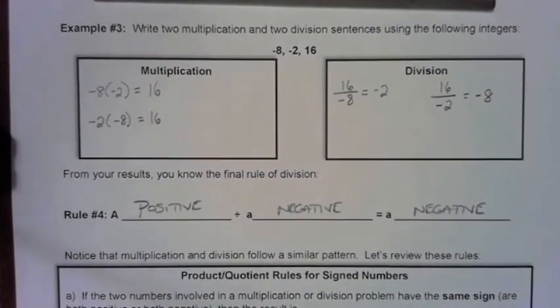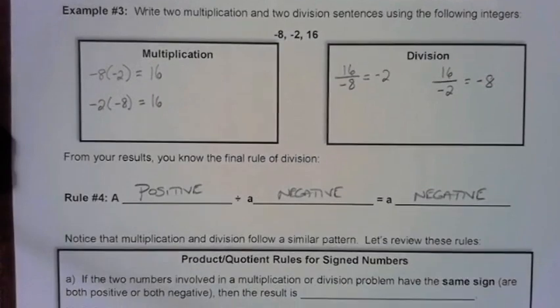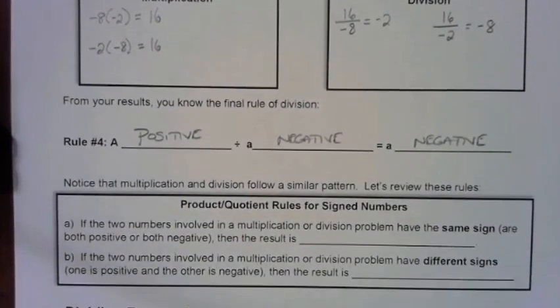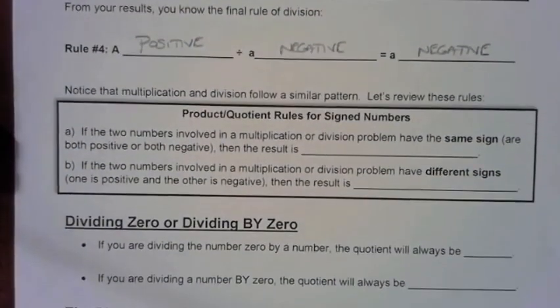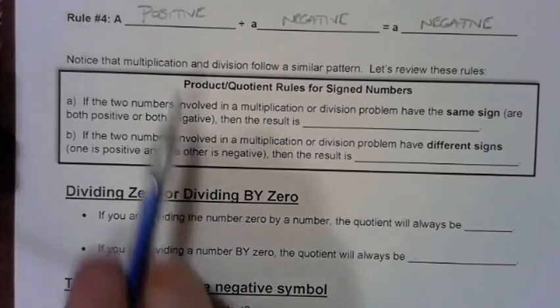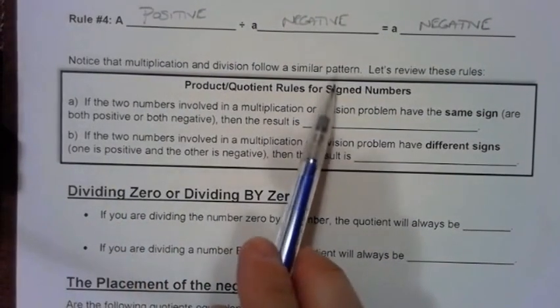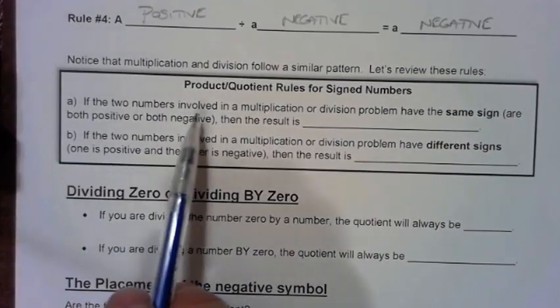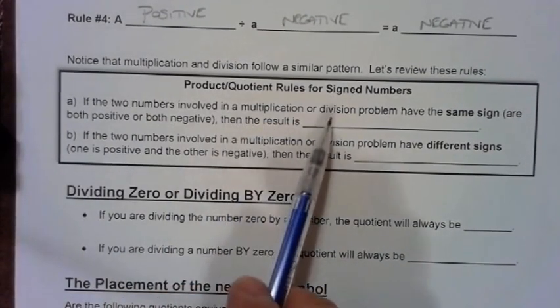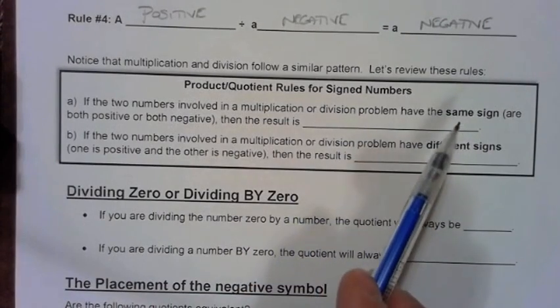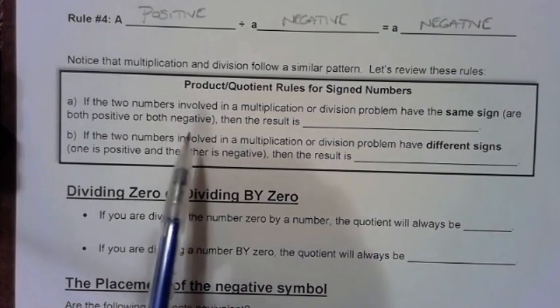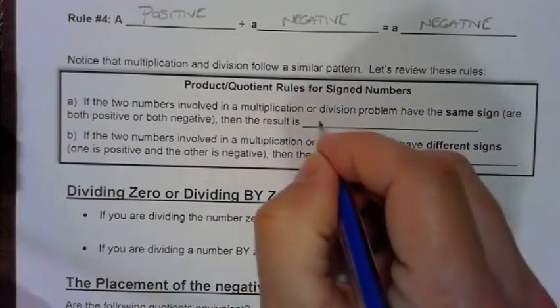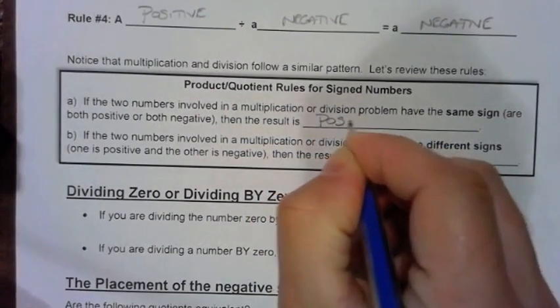Now, these 4 rules sound very familiar to the rules for multiplication, and they should. The rules for multiplication and division follow a similar pattern. Part A: if the two numbers involved in a multiplication problem or a division problem have the same sign, so they're either both positive or both negative, then your result is going to be positive.